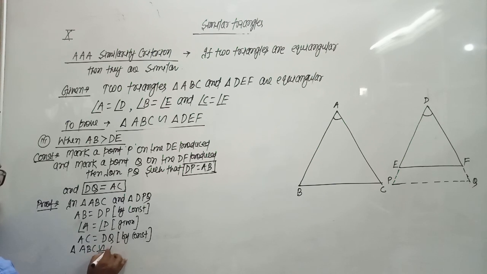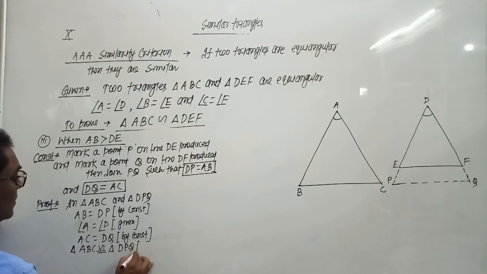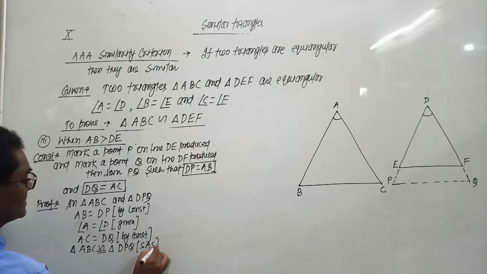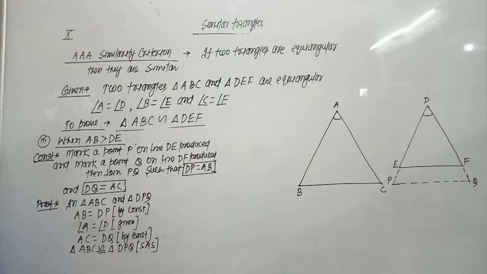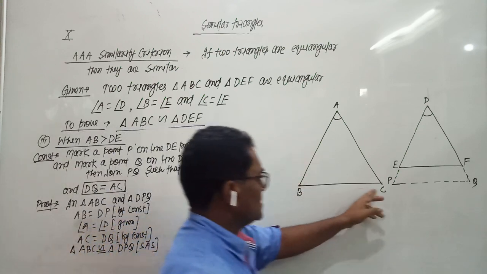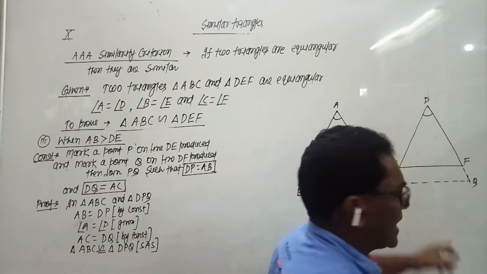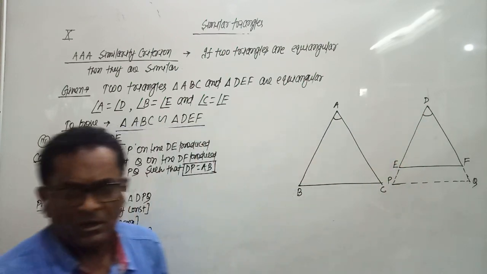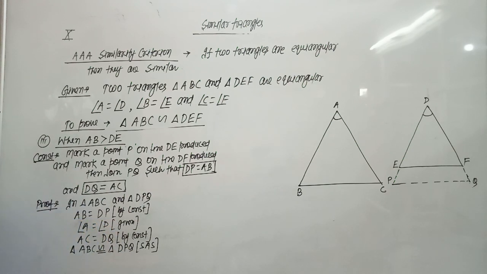Triangle ABC is congruent to triangle DPQ by SAS congruency criteria.